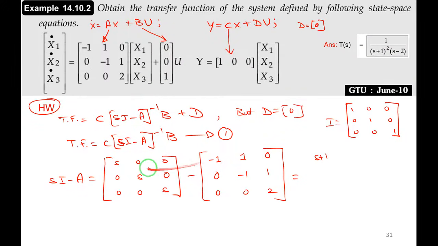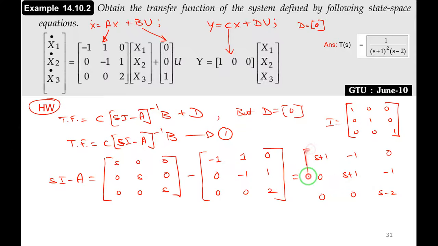The next, 0 minus 1 is minus 1, 0 minus 0 is 0. Then 0 minus 0 is 0, s minus of minus 1 is s plus 1. Then 0 minus 1 is minus 1, 0 minus 0 is 0, 0 minus 0 is 0, then s minus 2.